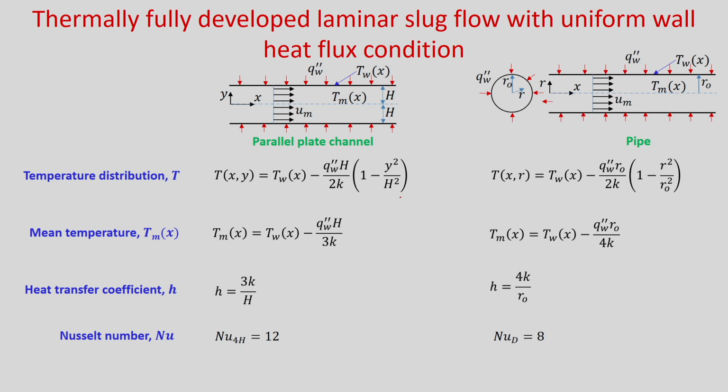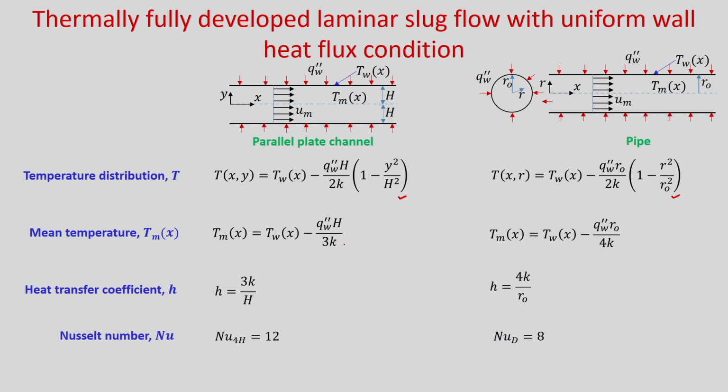For both cases we calculated the temperature distribution first. You can see this is the temperature distribution for the parallel plate channel, and for the pipe this is the temperature distribution. Here T is a function of x and r, and in the other case T is a function of x and y.